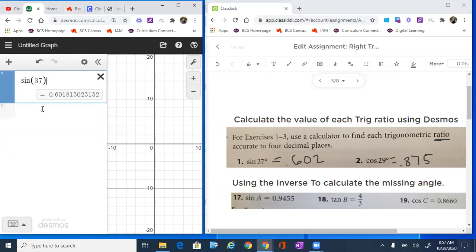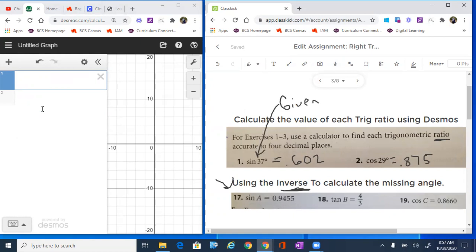Now you will notice that these are different. They are inverses. In the first problem, we are given the angle, and when we're given the angle, we just type it in as is. But in this case, we are searching for an angle. So there's a little bit more nuance to typing this in.